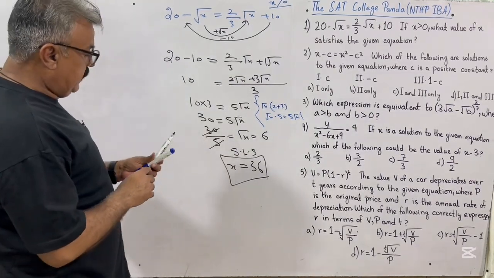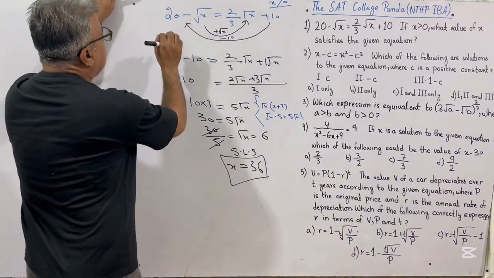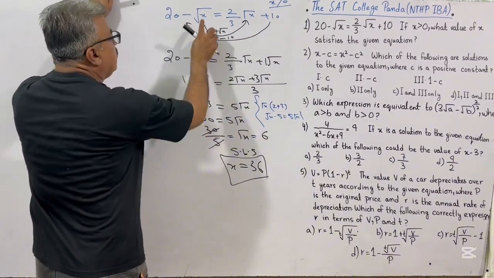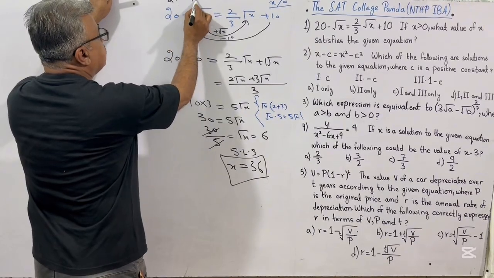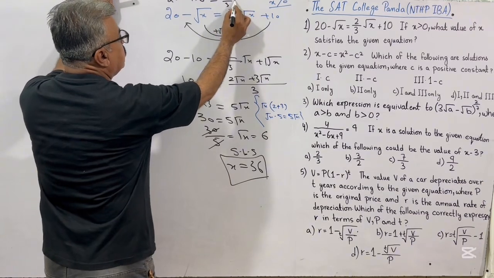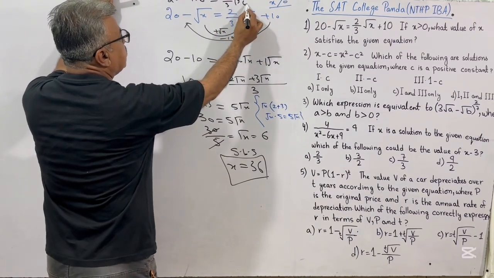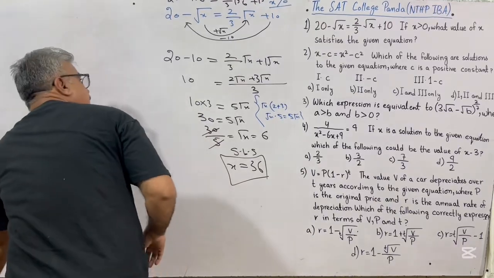It's positive, it's obvious. One can verify the situation by plugging in the value of x as 36. 20 minus root of 36 is equal to 2 over 3 root of 36 plus 10.